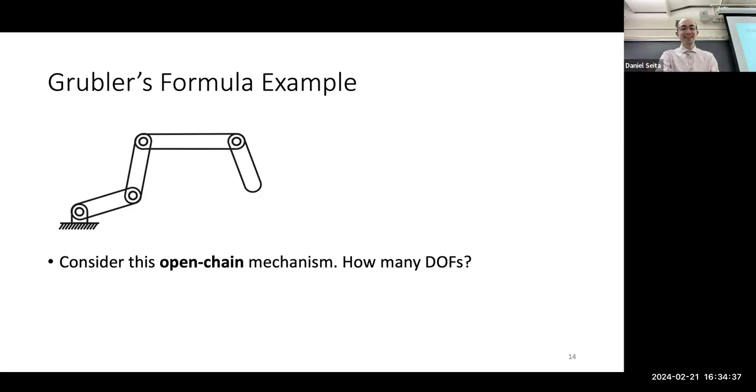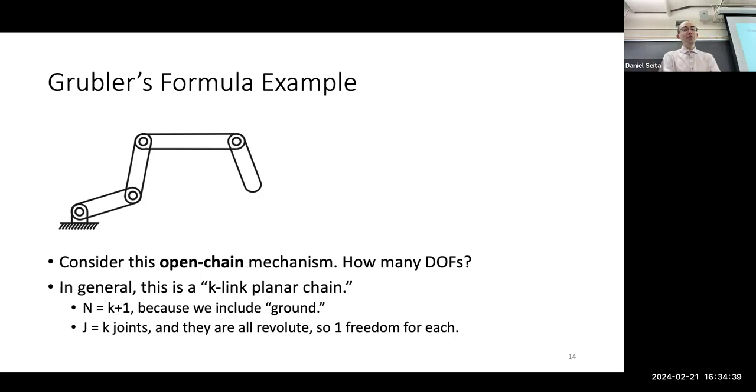So in general, this is a K-link planar chain. So it's operating in the plane. And n is K plus 1. So why are there this many links? Well, we have one link, which is the ground. Then we have ground, this link, this link, this link, and then that link. So there's 4 links plus the ground. So that's 5. And we have the 5 in this case.